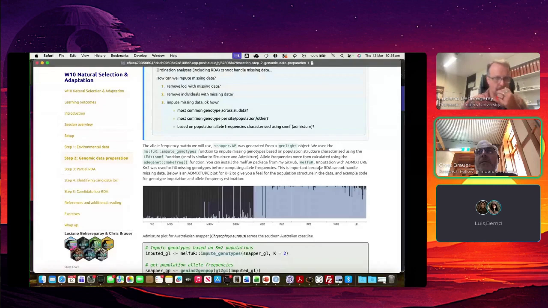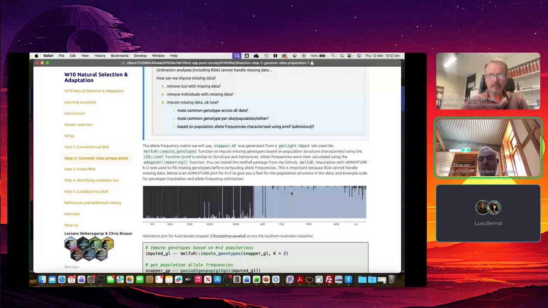It's like admixture or structure. Essentially, within each of the clusters, it's giving the most common allele for the population that your particular individual is assigned to.